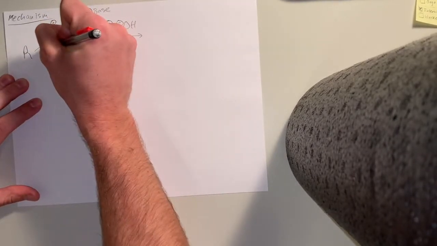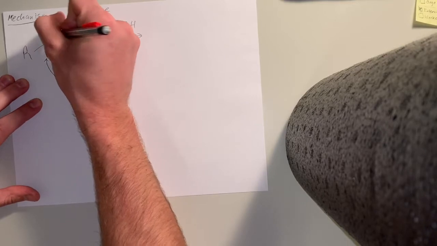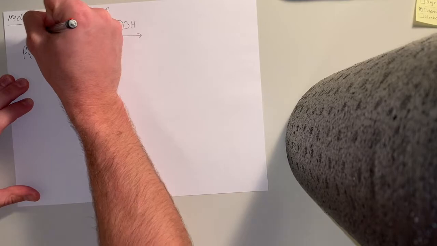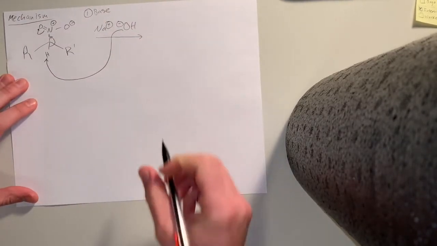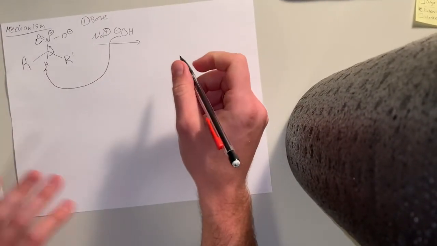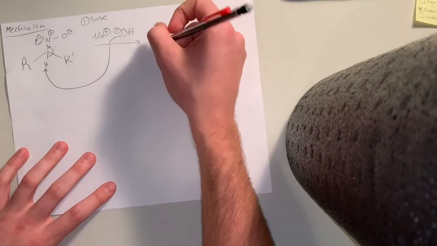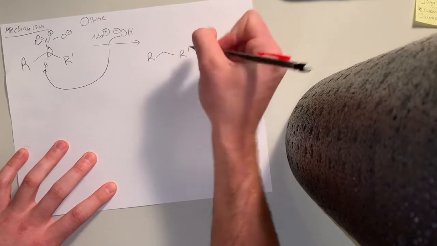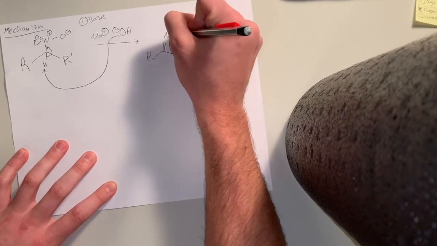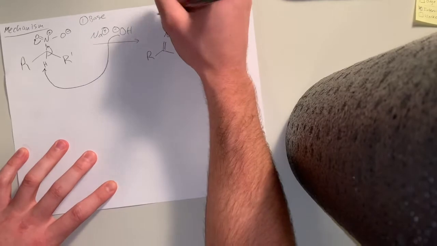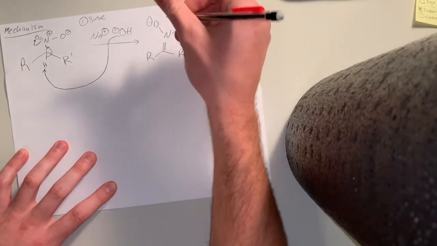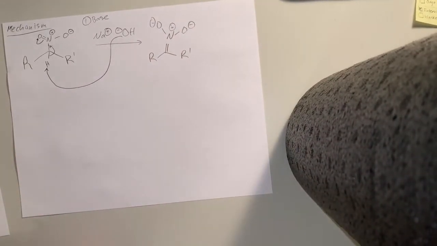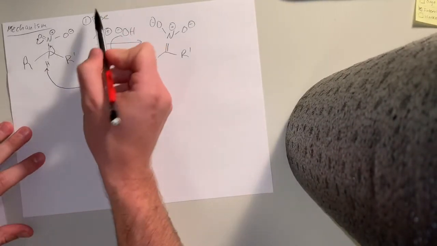This bond's going to jump up there, and this double bond is going to jump up onto that oxygen. And so we're going to end up with this molecule right here. So that's the first step with our base.